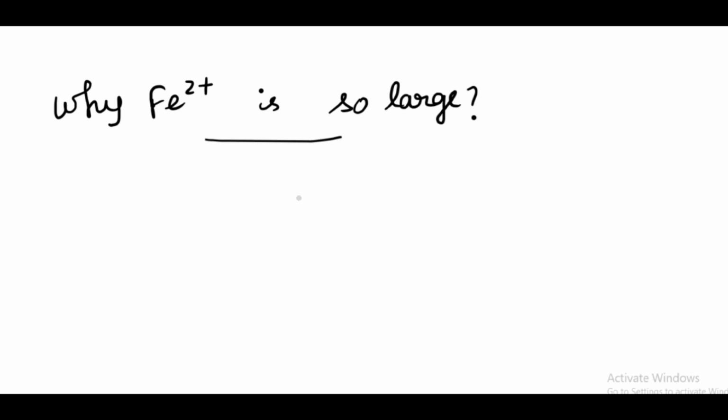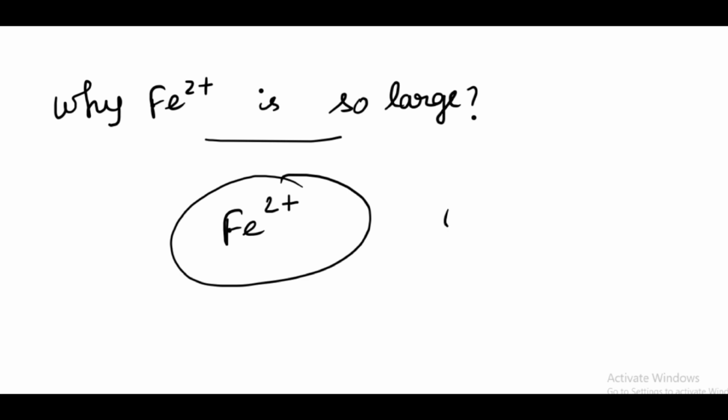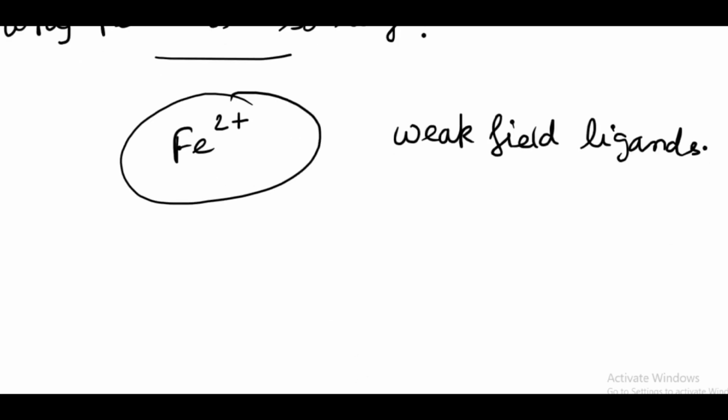Before the entering of the oxygen molecule, Fe2+ is under weak field ligands. So what will happen when the weak field ligands are approaching Fe2+?